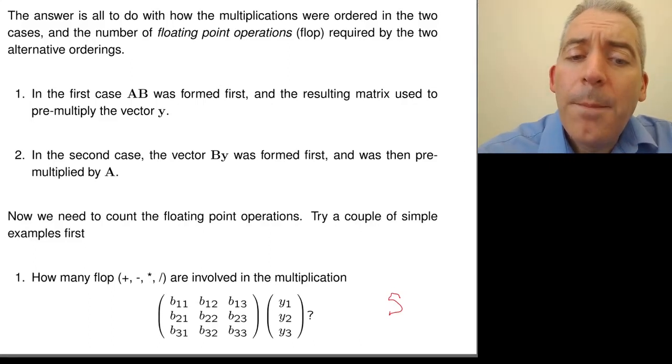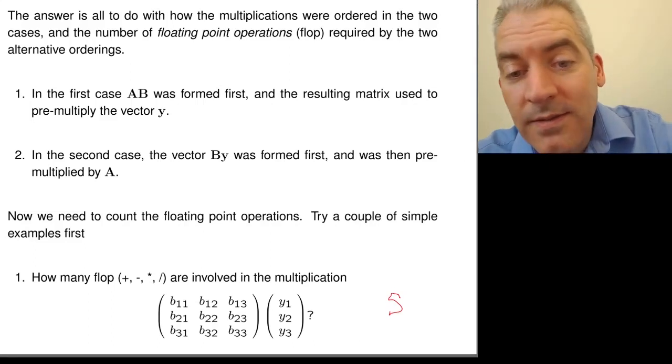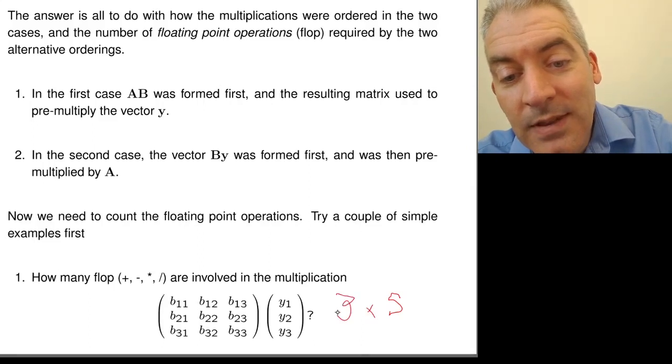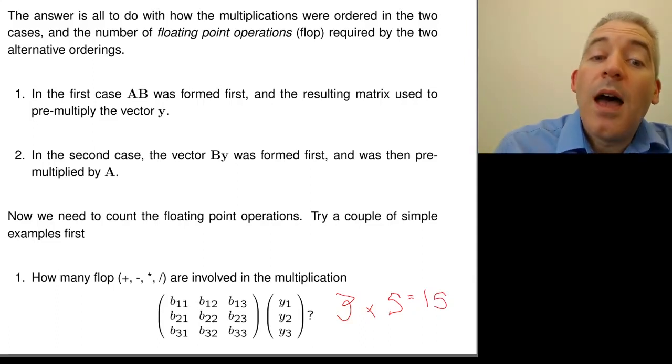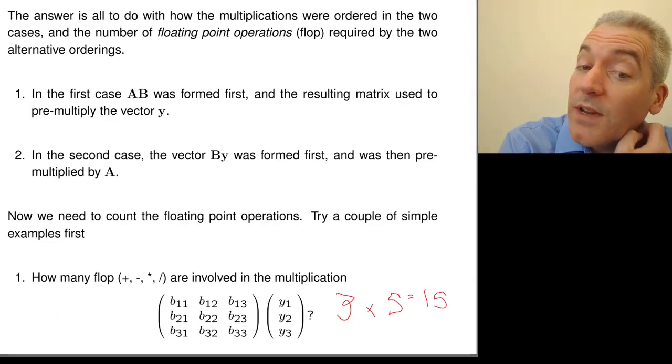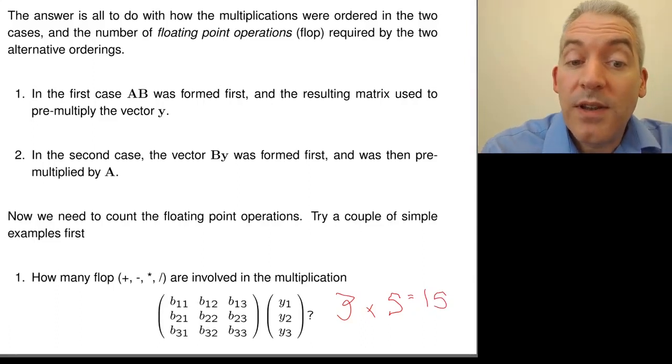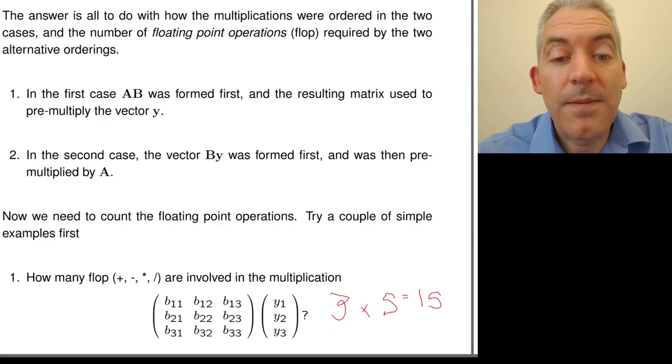But there are 3 elements in the output, so that gives us 15 flops involved in computing that matrix-vector product.